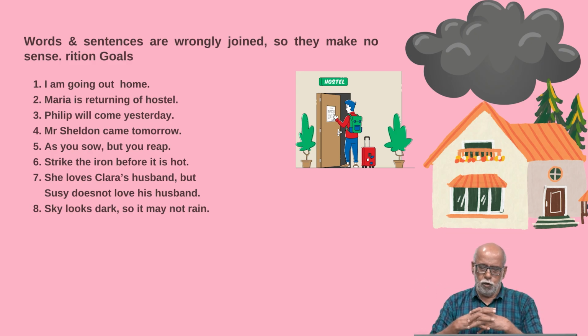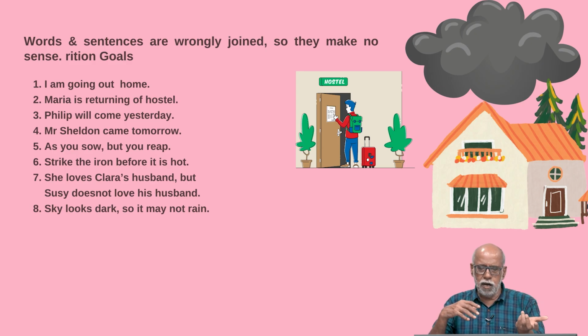If you sow wheat or corn or pulses, then you reap wheat or corn or pulses. Actually, it's a proverb, a metaphorical sentence which says, if you make only enemies, you will only have enemies. If you make friends, you will only have friends. So that's the meaning of it. But the uses are fixed. As is followed by so. If you do anything else, then there is confusion.